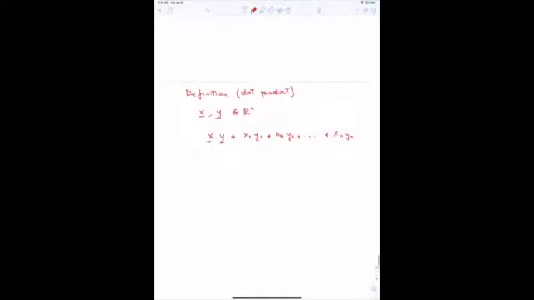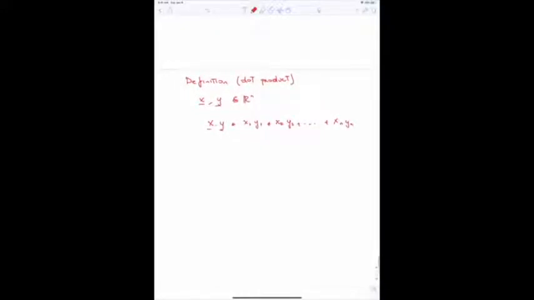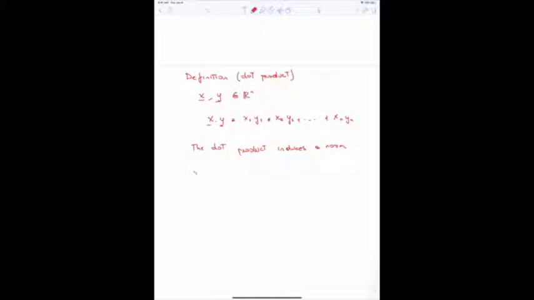So remember that I told you about the norms in metric spaces. Well, the dot product induces a norm, and it is the Euclidean norm. So if you take x in Rn, the norm L2 is equal to the square root of the dot product x times x.